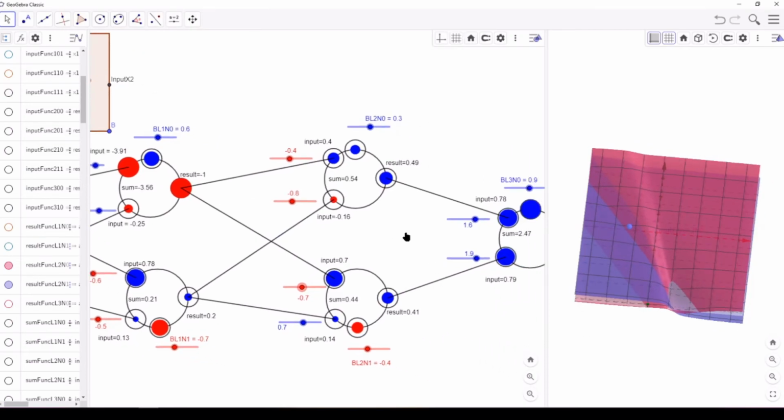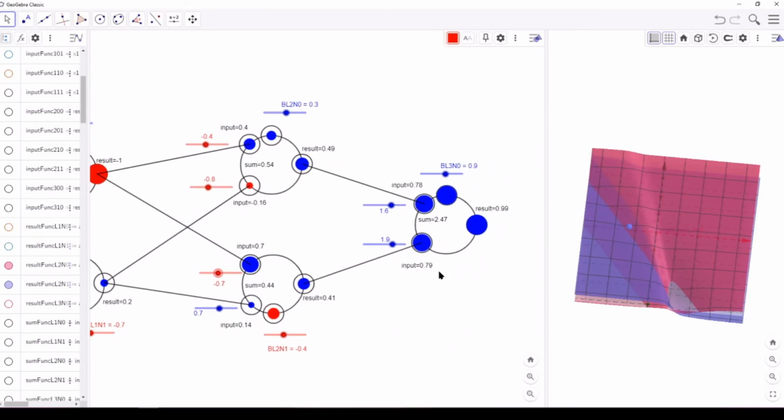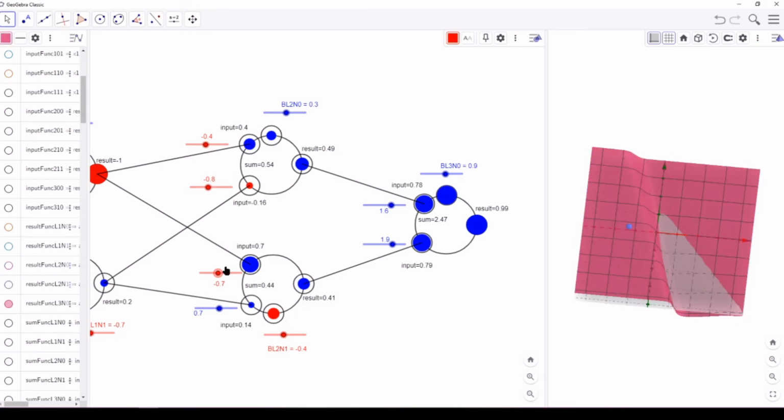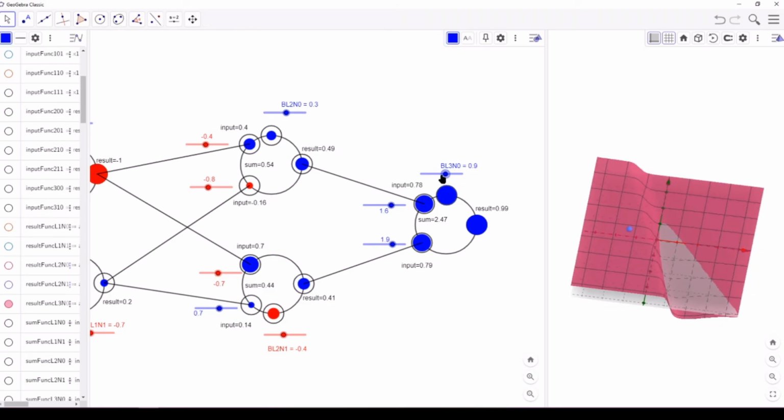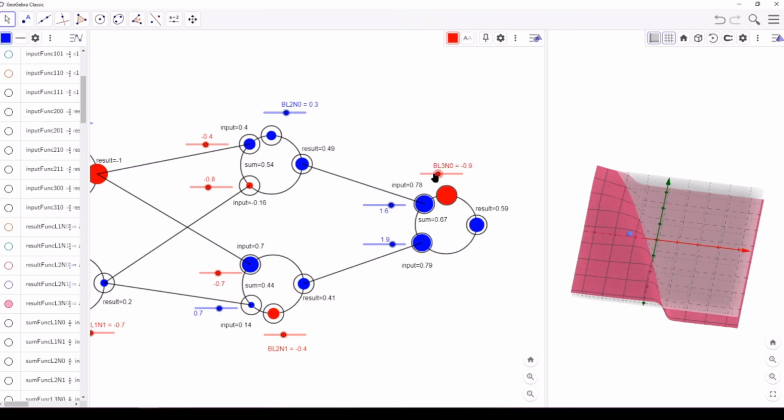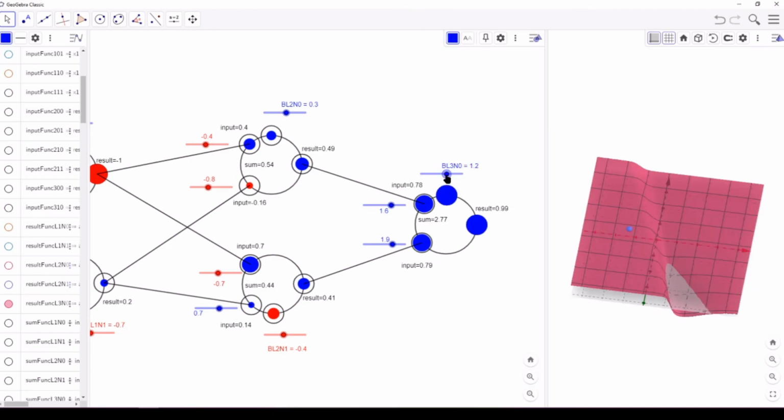And now in the final neuron, we add those values up again and get a final function. And there we can again play around with the sliders and adjust the function to our needs.